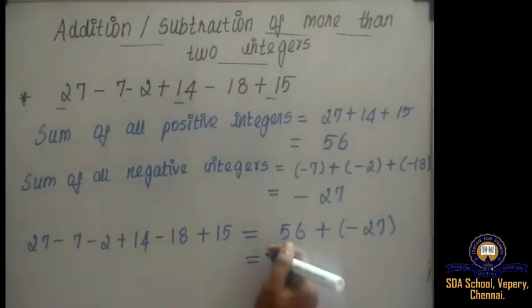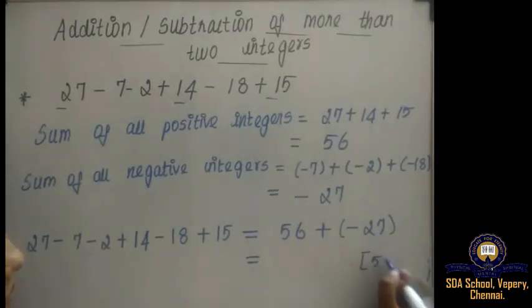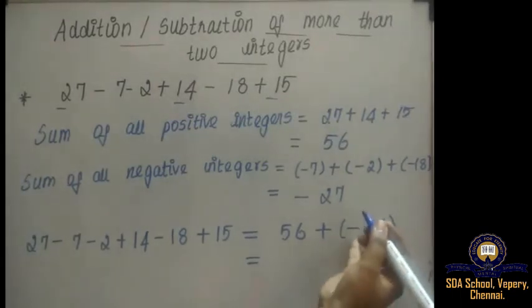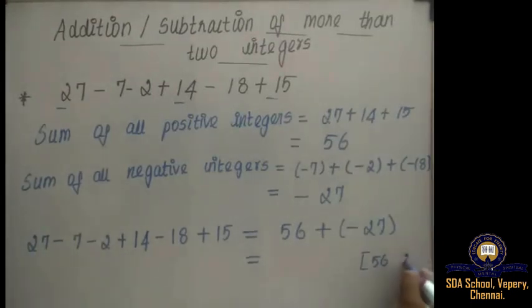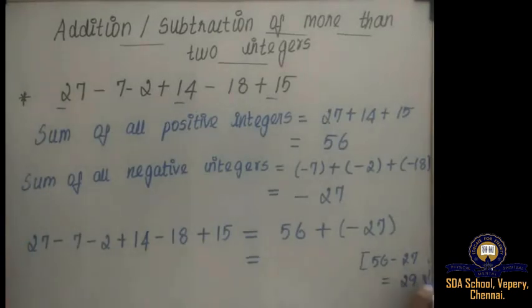So the absolute value of 56 will be 56 and the absolute value of minus 27 will be 27. So you have to subtract 27 from 56. So 56 minus 27 will give you 29.